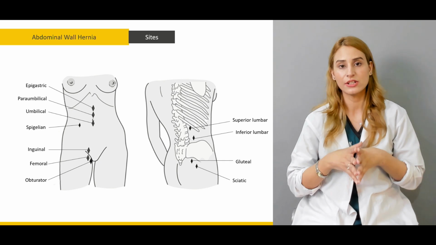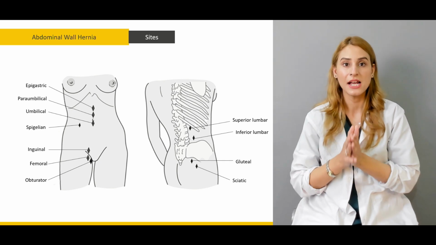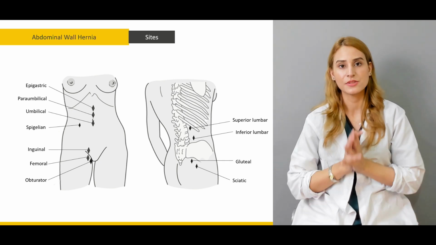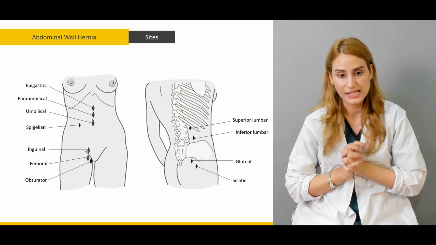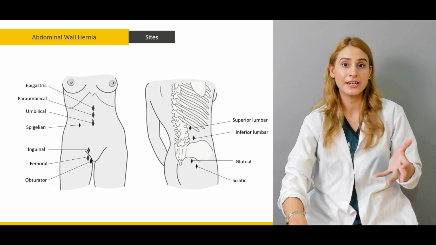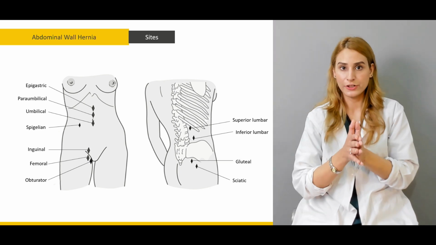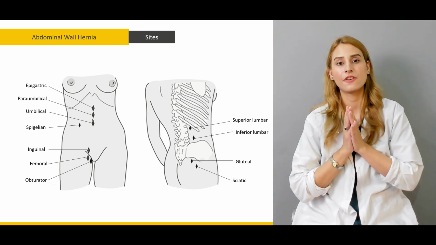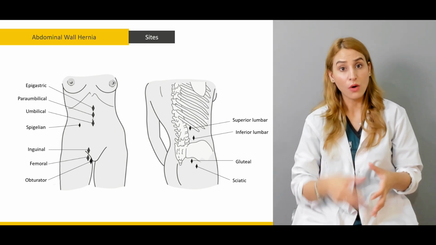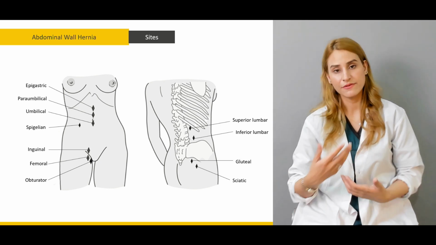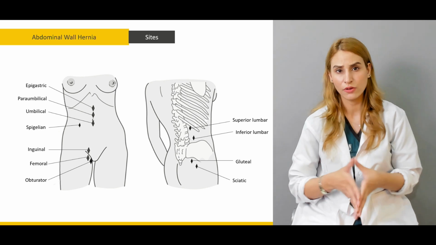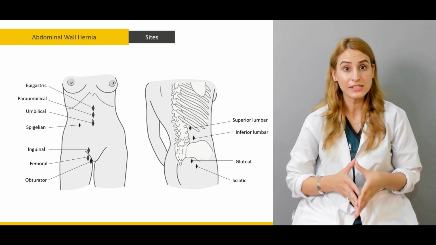We have the epigastric hernia as well, and sometimes the patient may come to you with an incisional hernia. An incisional hernia can be at the site of potential weakness, because whenever a surgery is performed, whenever the wall is cut, although there is fibrosis, the strength of the wall is left at 70%.